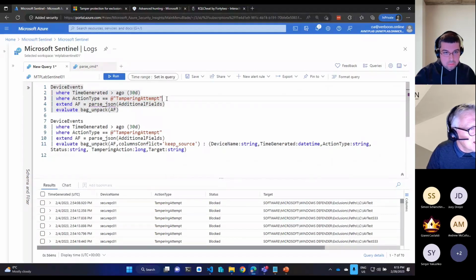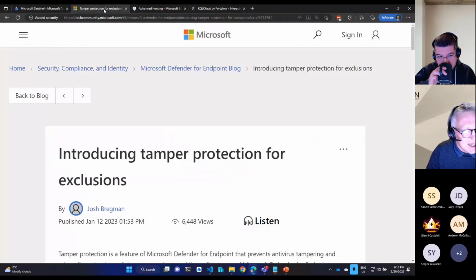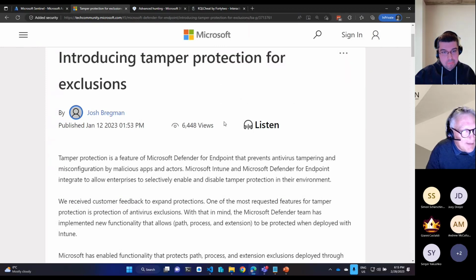tampering attempts. Now, why tampering attempts? Because Microsoft recently, in January, introduced tamper protection for exclusions. So just for those who don't know what tamper protection is, it's a feature from Microsoft Defender that prevents people, even if they are a local administrator, from tampering with Defender.